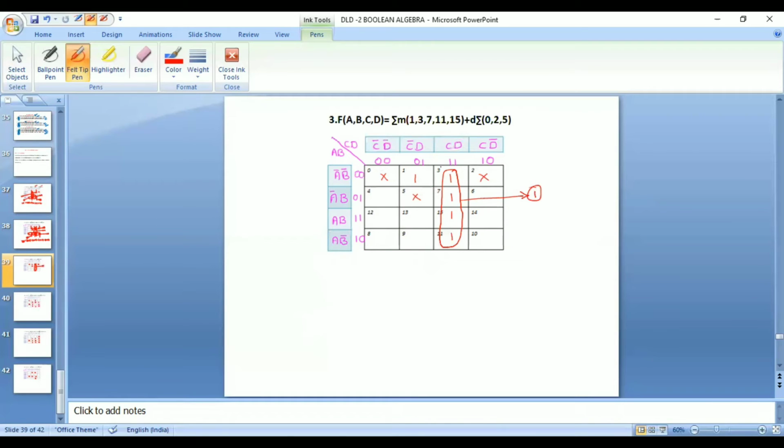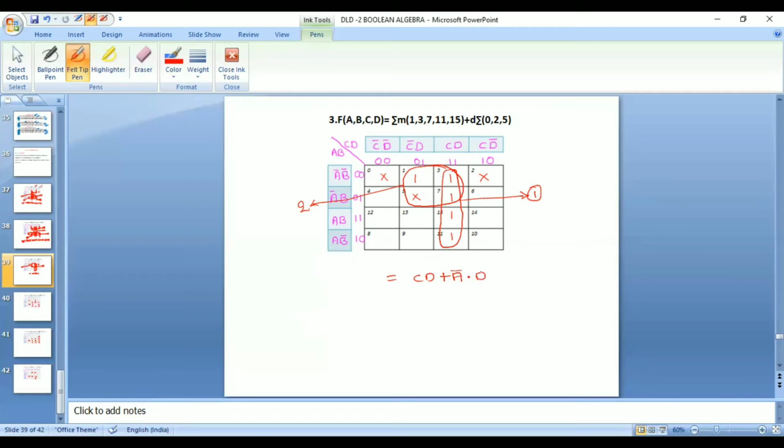So use this don't care condition 5. Let us assume this is the second. That's it. Our intention is that all the min terms are covered, so no need to bother about the don't care conditions 0 and 5. So the answer for this particular problem is CD plus A bar into D.